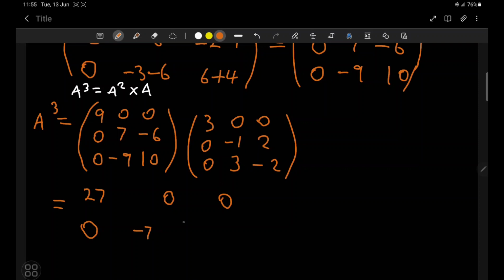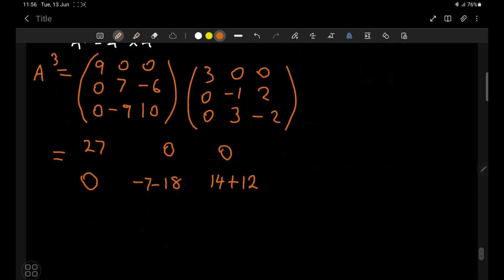Then negative 6 by 3, that is negative 18. Then we go this same row with the final column. So 0 by 0, then 7 by 2, that is 14. Then negative 6 by negative 2, that is positive 12.